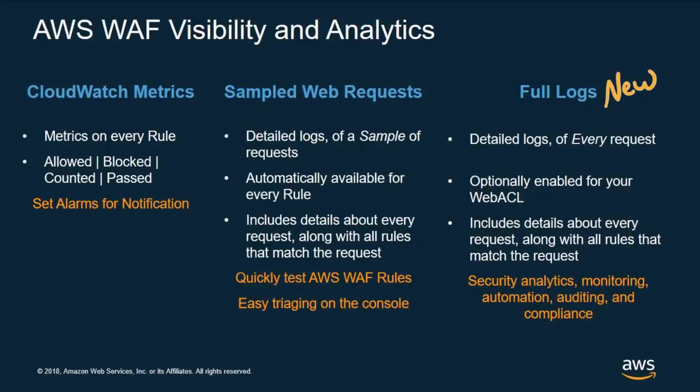But that doesn't mean you lose the visibility, because full logs include every request inspected by WAF, and for each one of those requests, it also includes which rule or set of rules matched that particular request. So now that you have all these details about the incoming request and what kind of operations WAF performed and what rules it matched, you can use these detailed logs for security analytics or real-time monitoring or even automations and so on.